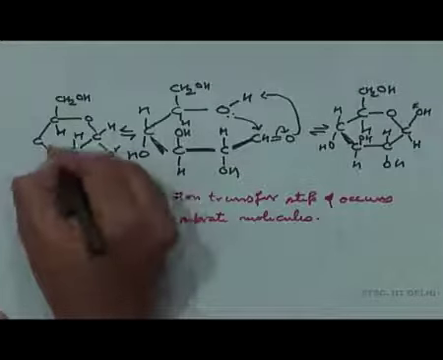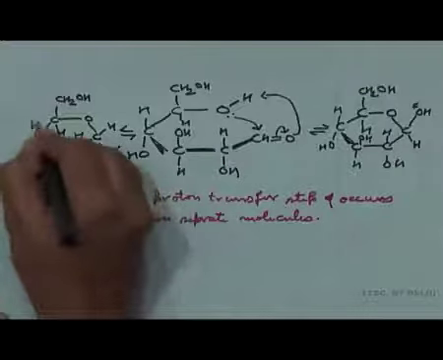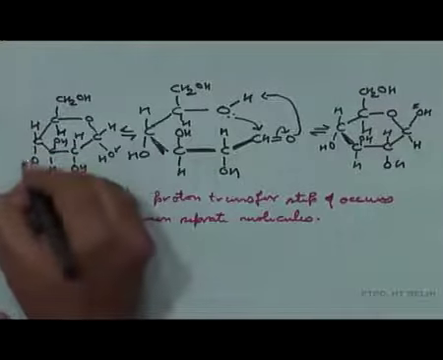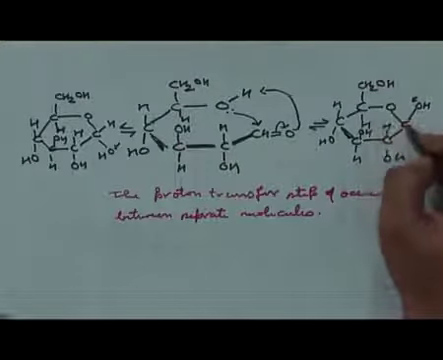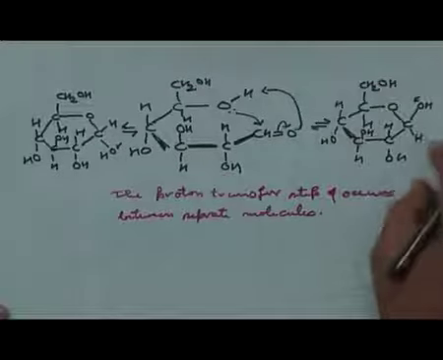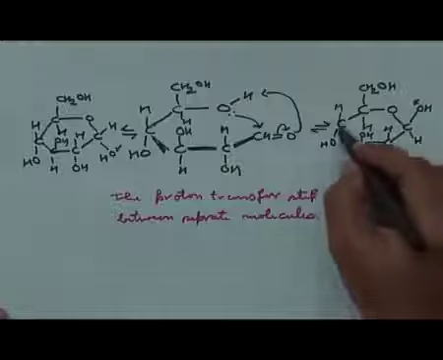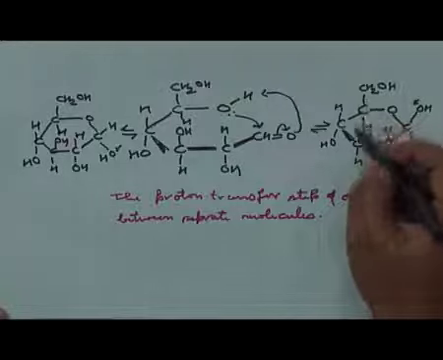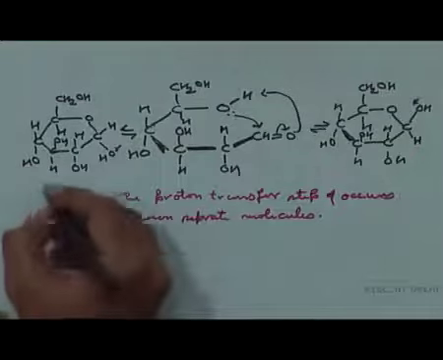I would also like to mention that in both these cyclic structures, what is common is that, leaving this anomeric carbon, which has the different stereochemistry, all the C2, C3, C4 and C5 have the same chirality, the same stereochemistry.